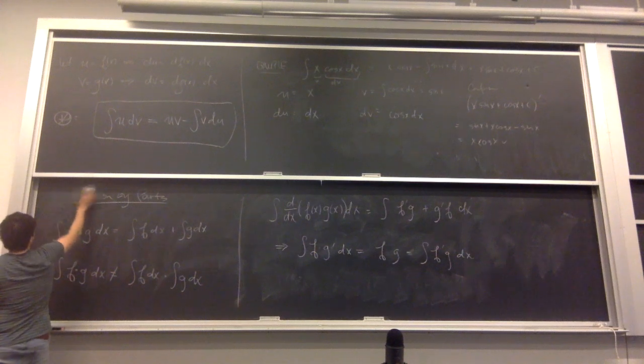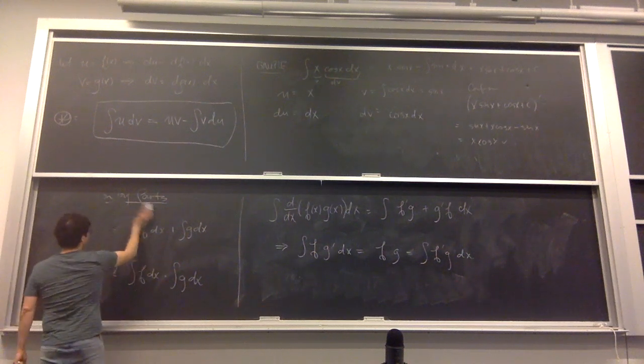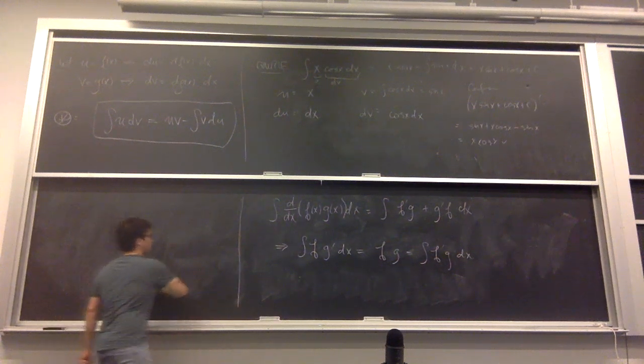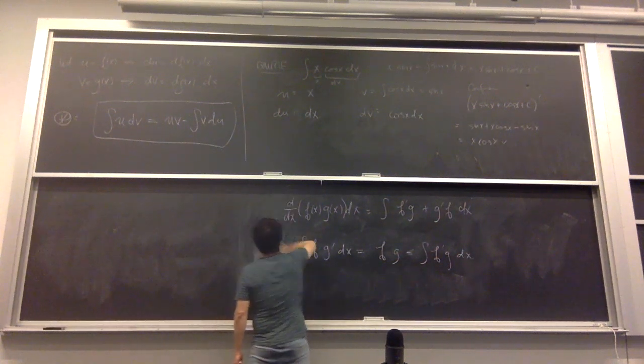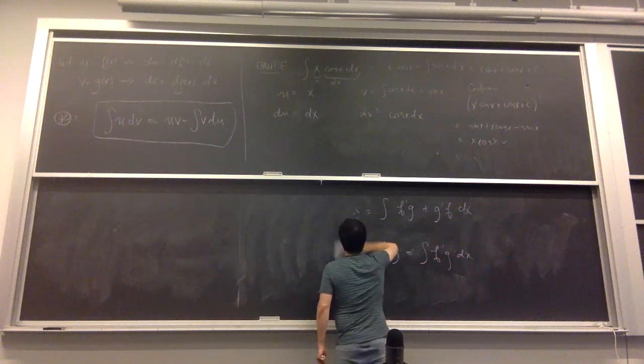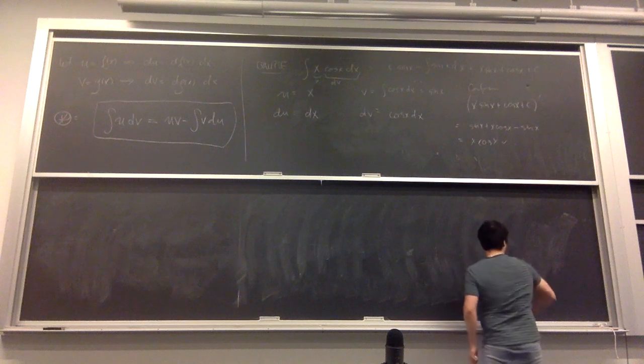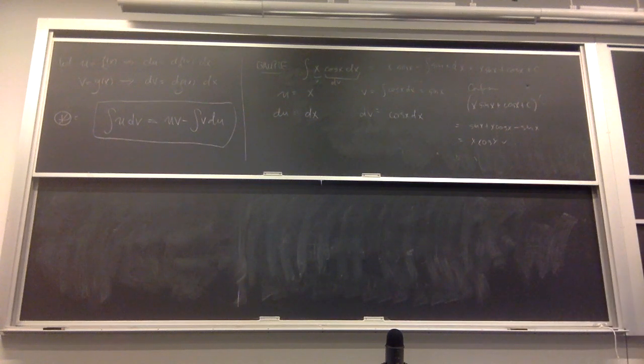Okay, so that's the formula we're going to need. I'm going to write it on the other board, really big. The integral of u dv is equal to uv minus integral v du.